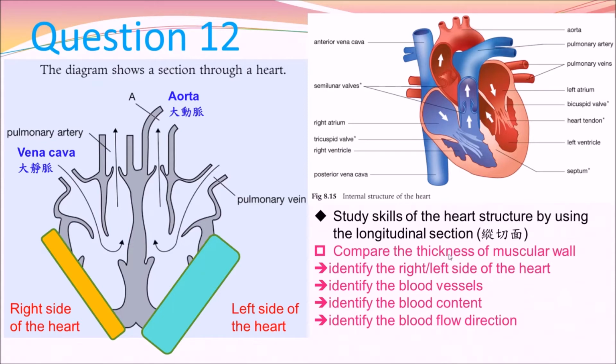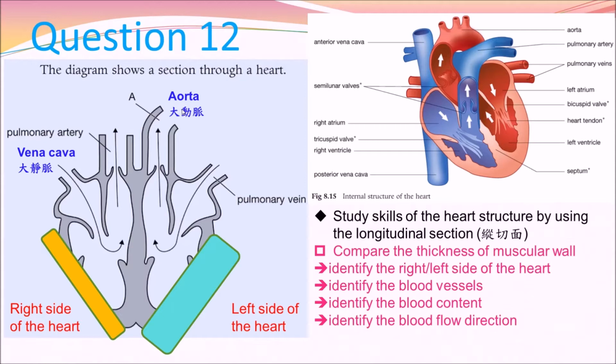After we know the left-hand side or the right-hand side, we can identify all the blood vessels. For this part, the pulmonary artery, and for the other part the vena cava, and on the left-hand side will be the pulmonary vein and the aorta. This is just good practice.